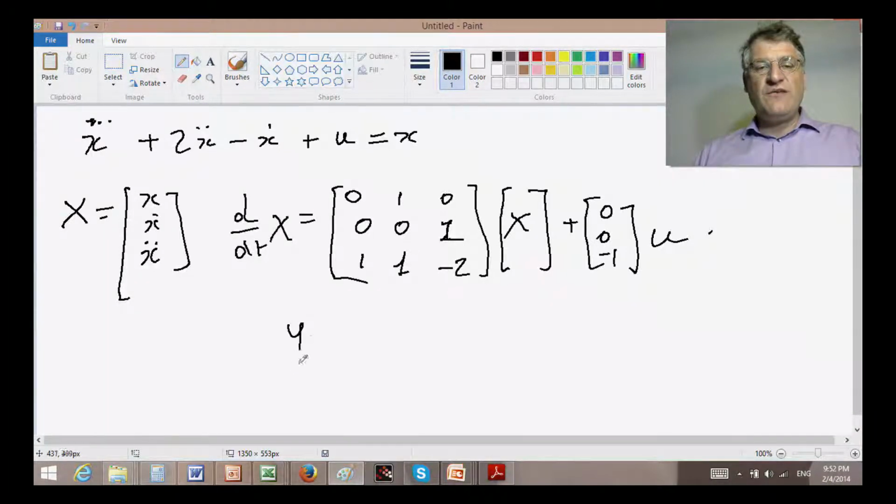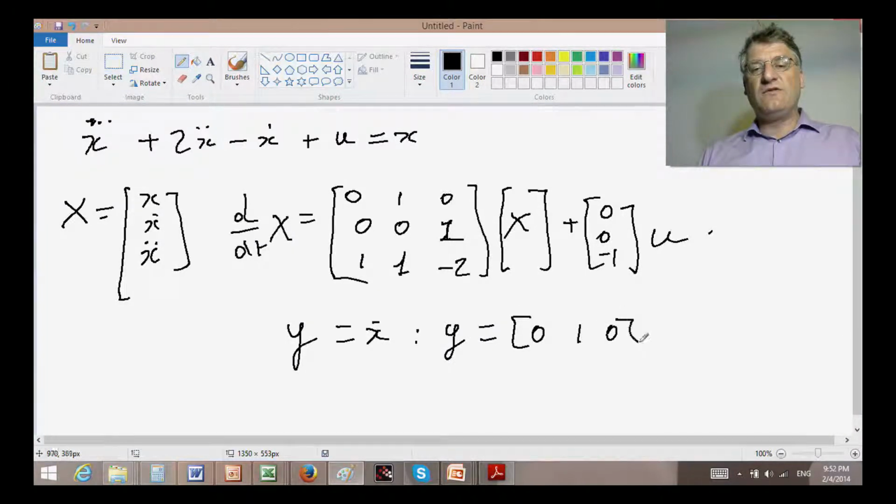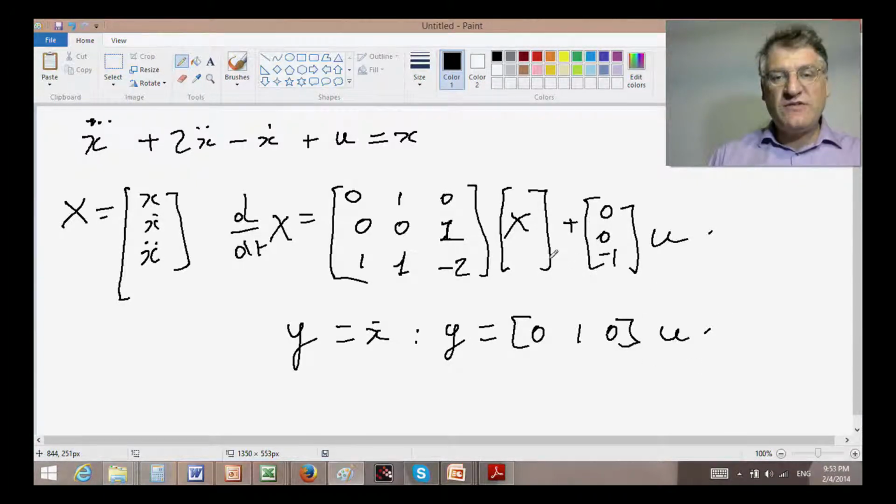Okay. If you write y is equal to x dot, then y is equal to, for change, 0, 1, 0 times x. Okay. And here is your state space representation for this third order differential equation. Notice one thing, which is the order in which you count these x, x dot, x double dot doesn't matter.